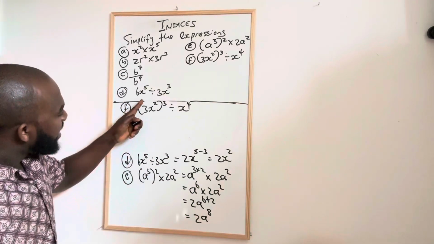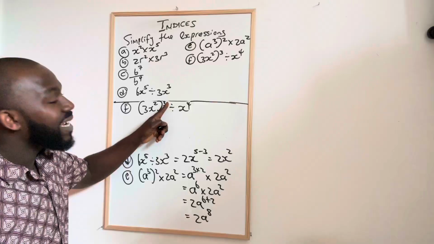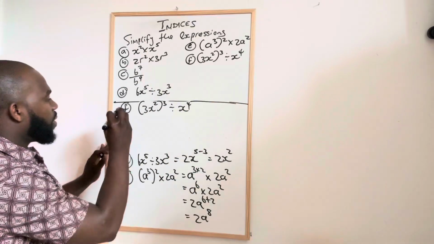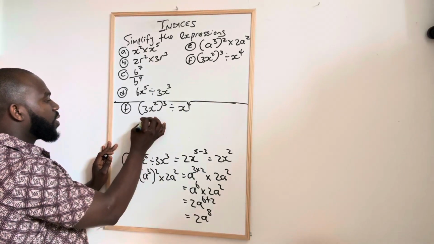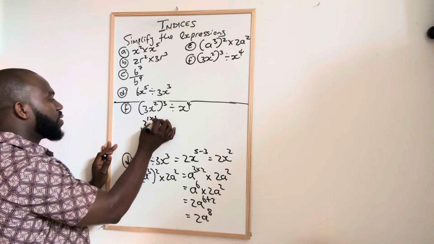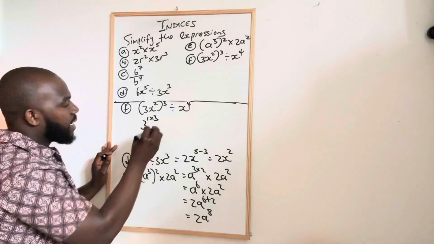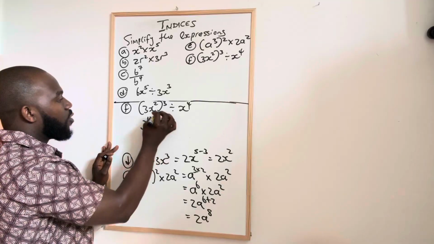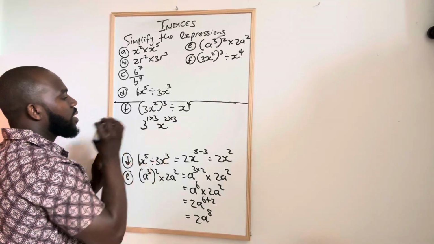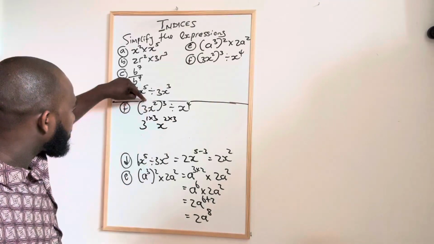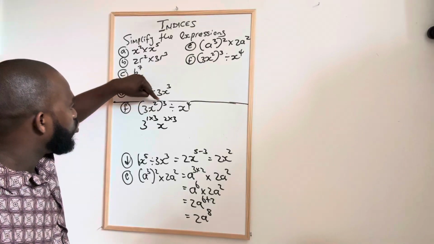So it simply means the 1 here will multiply the 3, which is the power outside. So here becomes 3 raised to the power of 1 times 3, which is the 3 outside. And then now x raised to the power of 2 times 3. Are you with me? 1 multiply 3, 2 multiply 3.